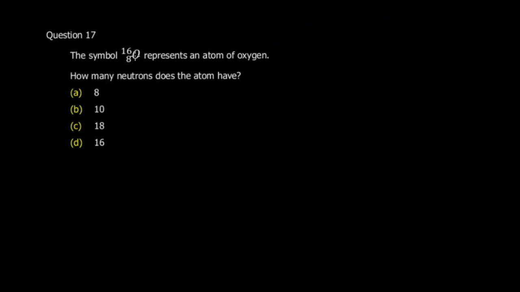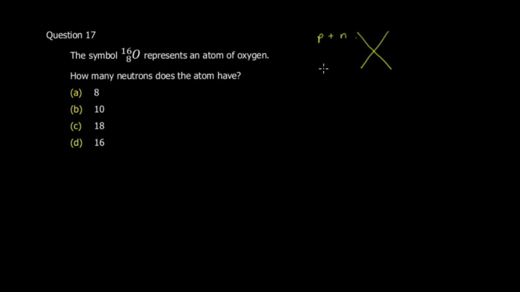It says the symbol represents an atom of oxygen. How many neutrons does the atom have? A little bit of background. This one is called the nuclear number, like we covered previously. In other words, this is the number of protons plus neutrons.